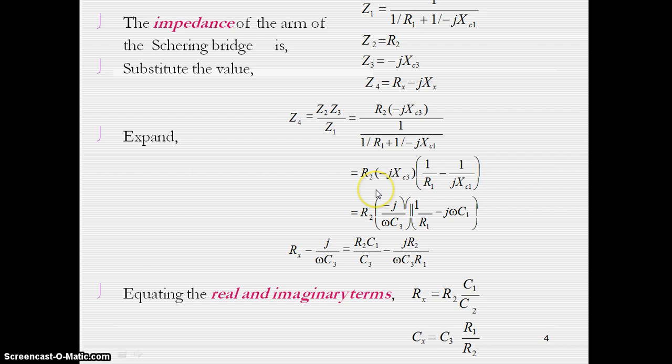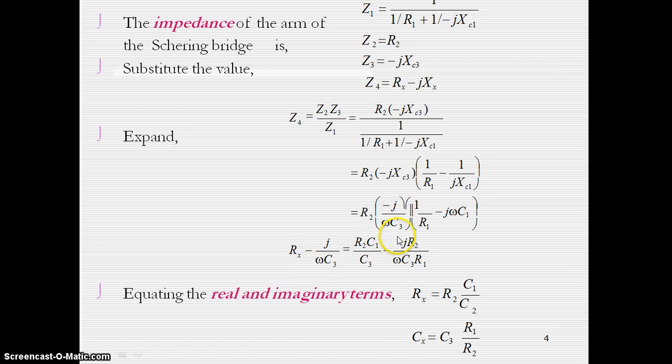Putting the value of X equal to 1 upon omega C, R2 is equal to minus j upon omega C3 into bracket 1 upon R1 minus, and put X equal to 1 upon omega C, then j omega C1.